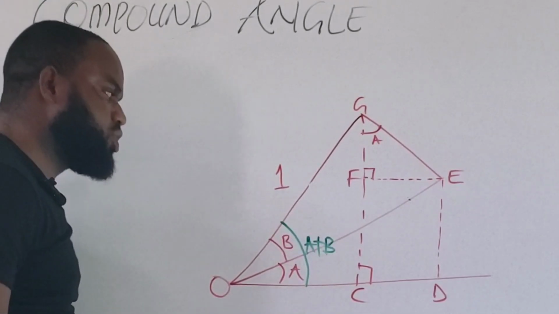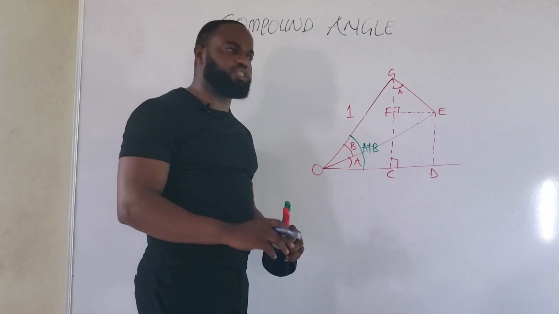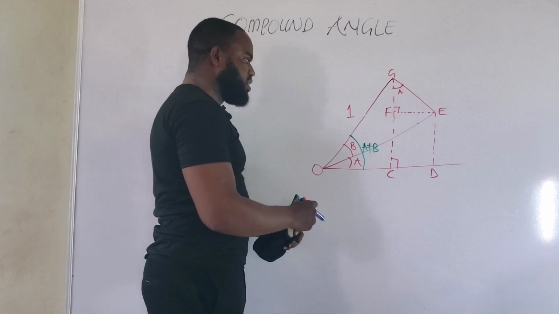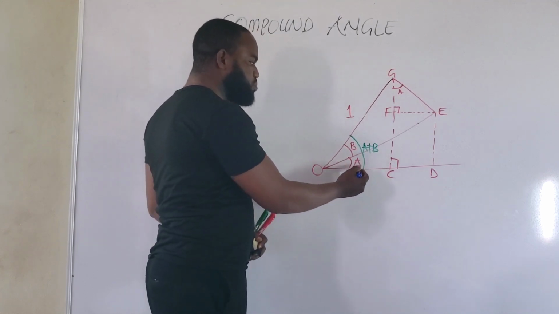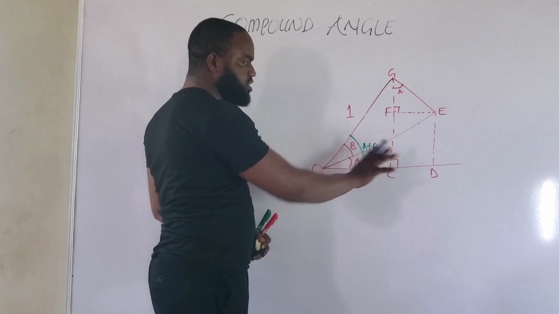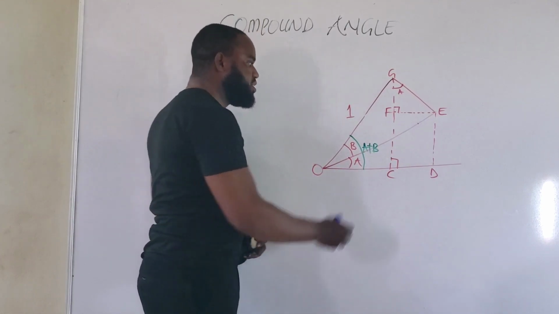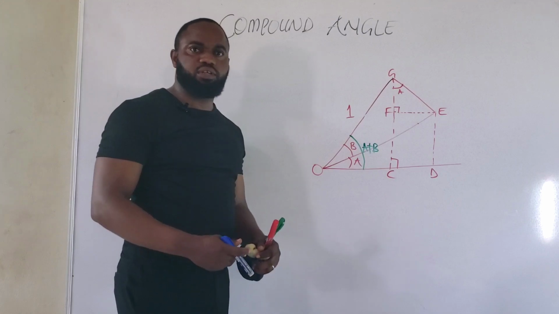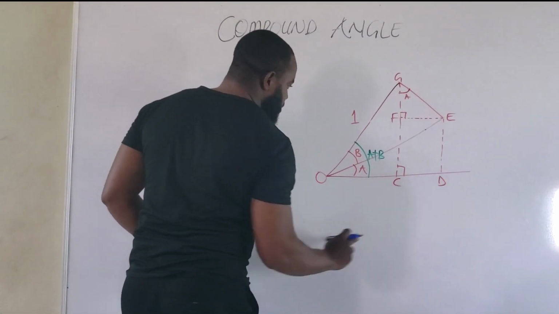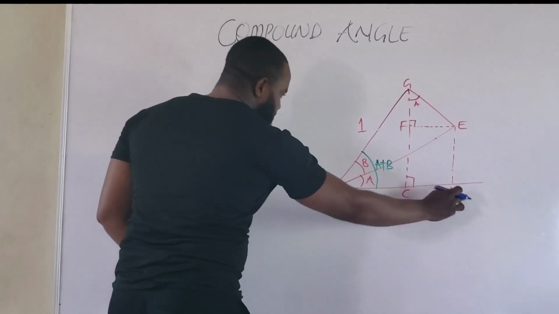And what we want to do is look for an expression or a statement that will provide us with terms in relation to angle A and angle B as shown here. And we can thus use the formula to obtain the sum of the two angles. You notice here we have the line OD. Then from the line OD we have OC and we also have CD.